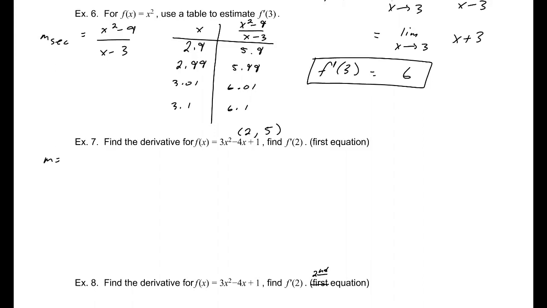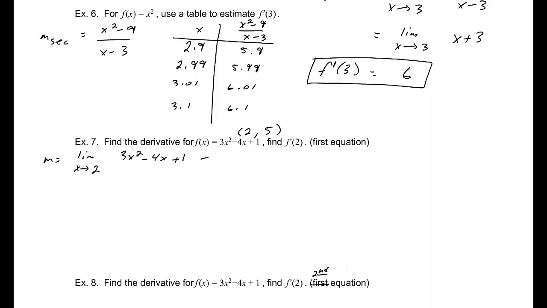So this will be the limit as x approaches 2 of f of x minus f of a over x minus a. So we'll just plug in f of x: 3x squared minus 4x plus 1 minus f of a, which I just said is 5.